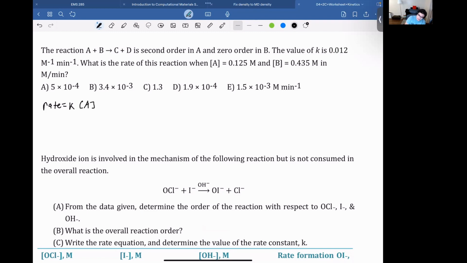It says it's second order in A. It's 0 order in B. B to the 0. Recall that anything to the 0 power is 1. So you're multiplying by 1, or this is K times A squared. Then you just go ahead and plug these in. 0.125 squared.